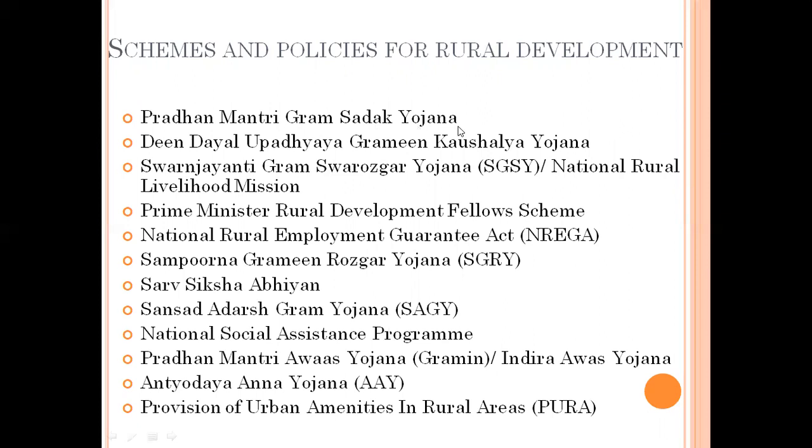Pradhanmantri Gram Sadak Yojana is there, Deen Dayal Upadhyaya Grameen Kaushalya Yojana, Swarnjayanti Gram Swarozgar Yojana, National Rural Livelihood Mission, Prime Minister Rural Development Fellow Scheme, MGNREGA, Sampurna Gramin Rozgar Yojana, Sarva Shiksha Abhiyan, Sansad Adarsh Gram Yojana, National Social Assistance Programme, Pradhanmantri Awas Yojana, Antyodaya Anna Yojana, provision of urban amenities in rural area, and one more is missing here, that is Jan Dhan Yojana.